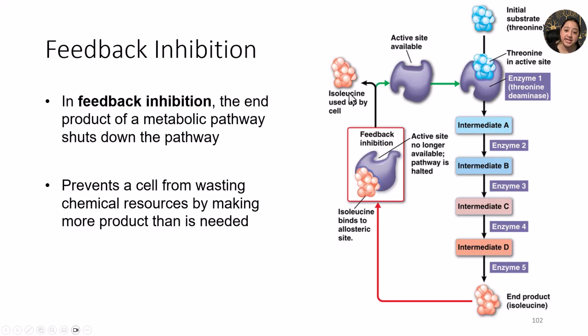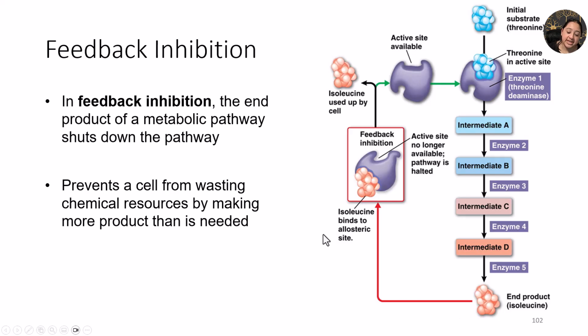To make isoleucine, you start out with this other substrate called threonine. This enzyme modifies it into this intermediate, enzyme 2 modifies that into intermediate B, and then there's a whole pathway, right? At the very end, there's the end product, isoleucine.